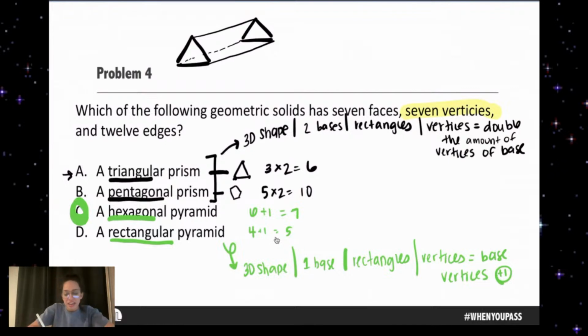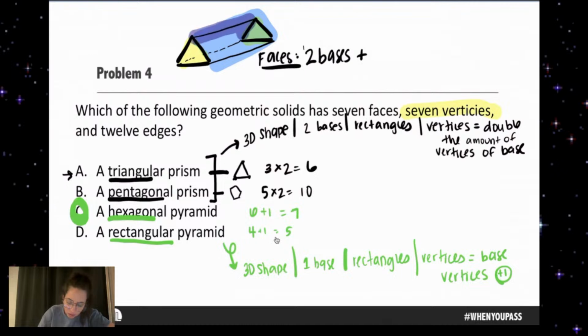So how many faces does a triangular prism have? It has 2 identical bases. So 1, 2. Plus how many rectangles? Well, it has this rectangle in the front. It has this rectangle in the back. And it has this rectangle on the bottom.